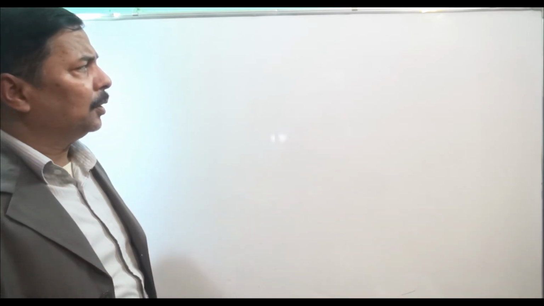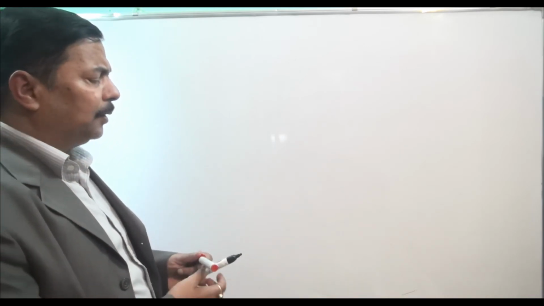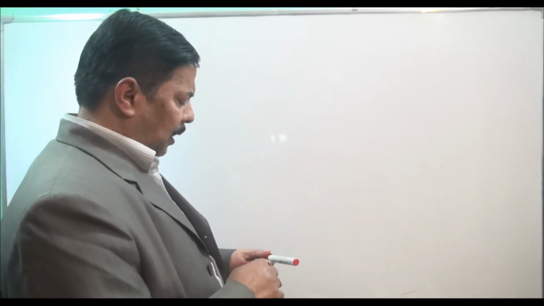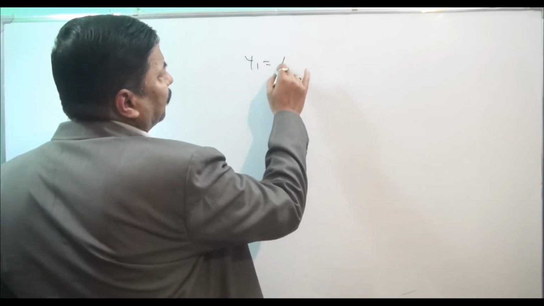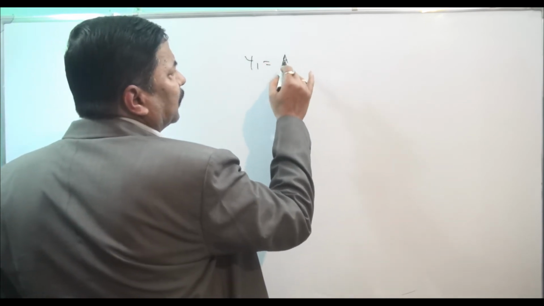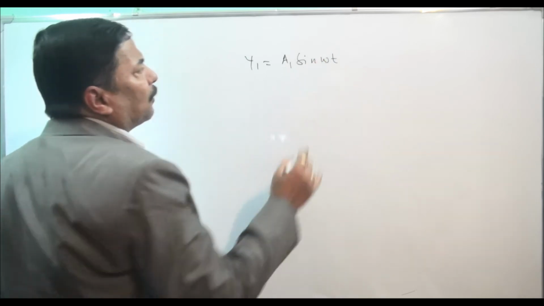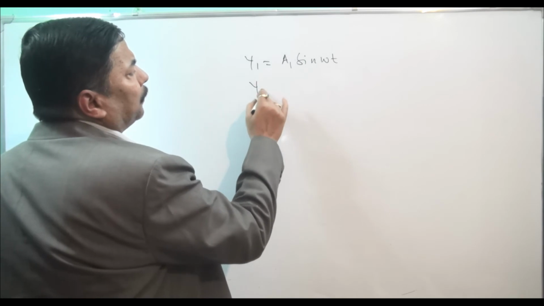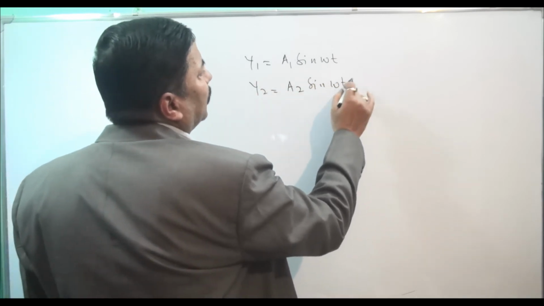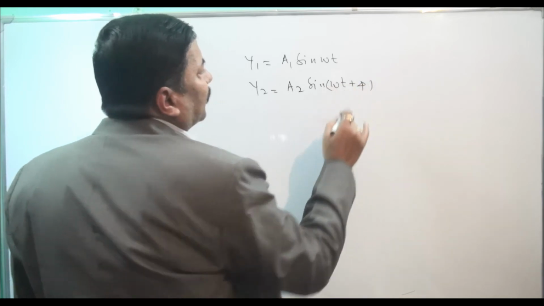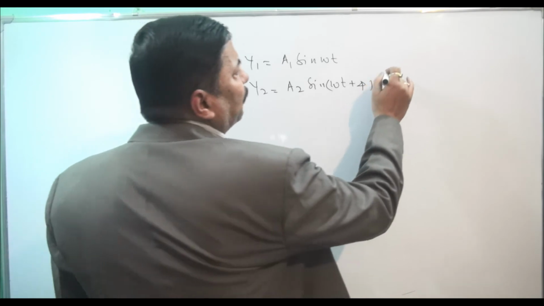In order to find the condition for interference, I am taking two waves. Suppose y1 is equal to A1 sine omega t. This is one wave, and y2 is equal to A2 sine of omega t plus phi. This is the other wave.